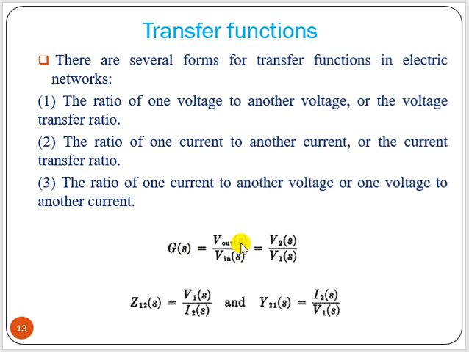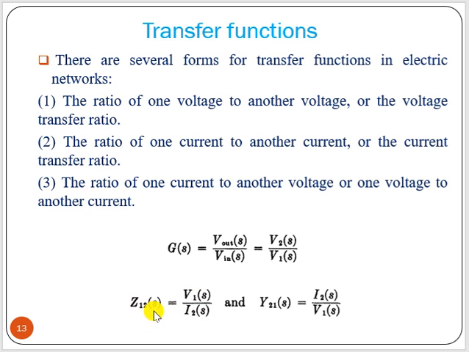So the transfer function can be either V out by V in, or V2(s) by V1(s). If we find V1(s) by I2(s), that is the input voltage and output current, that is called the transfer impedance Z12, where 1 is port 1 and 2 is port 2.